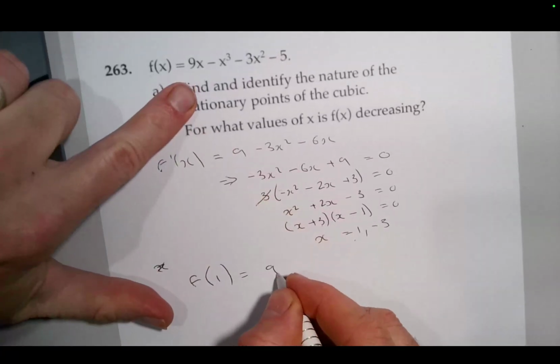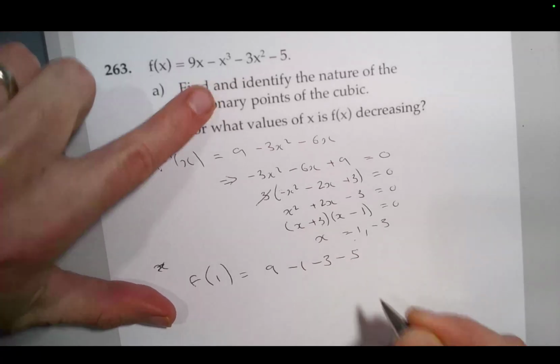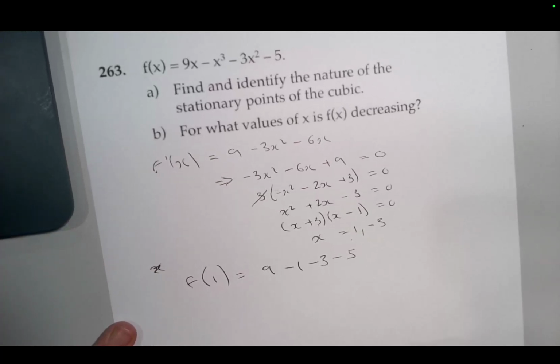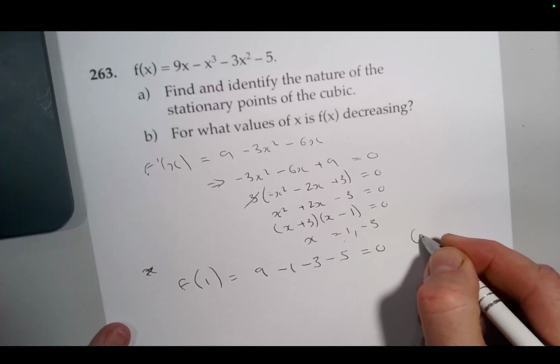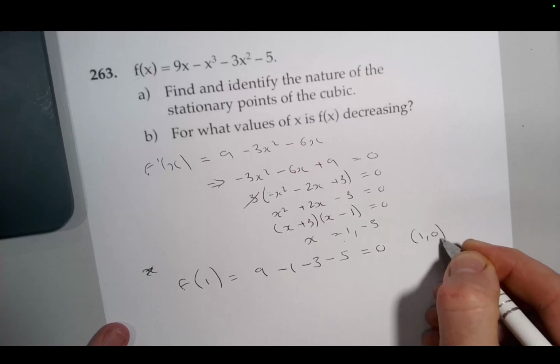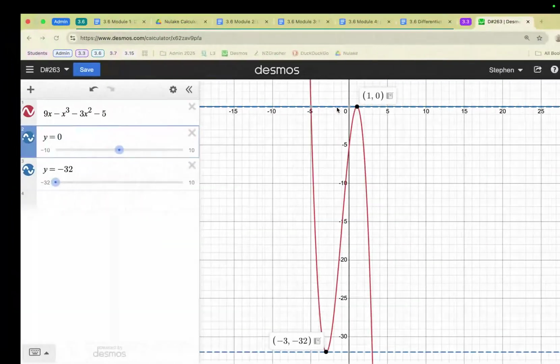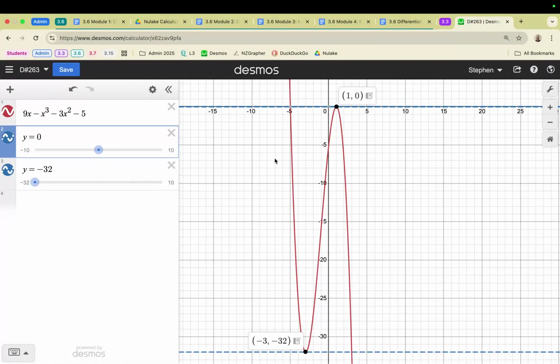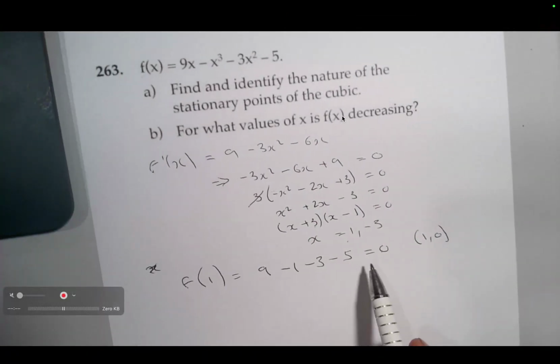We get 9 minus 1 minus 3 minus 5. And as you suspected, it's 0. So the coordinate of one point is 1, 0. It's that one up there. But if we didn't have a graph, Desmos or your graphing calculator, how would you know that is the maxima? That is the key aspect here.